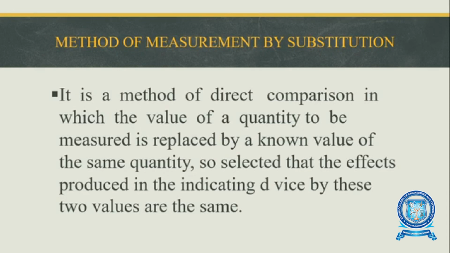This replacement gives some effect on the indicating device. When the indications for these two values are the same, it is a type of direct comparison of the particular object.